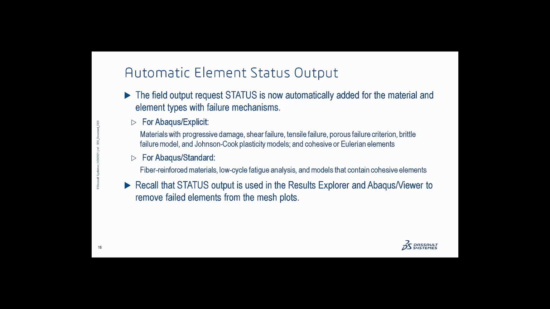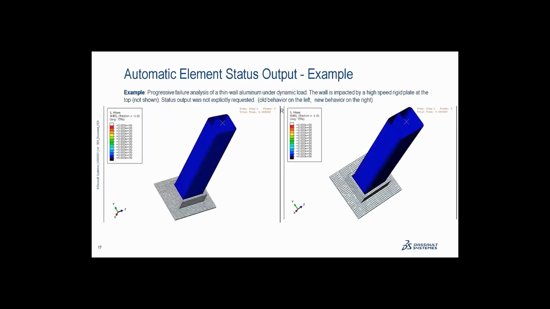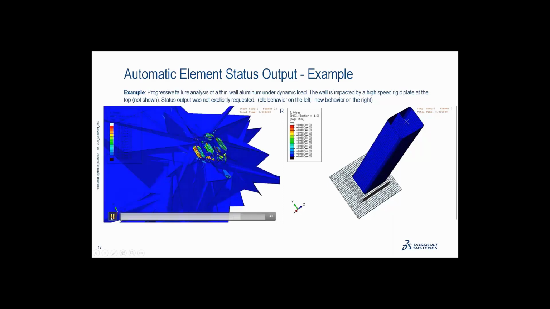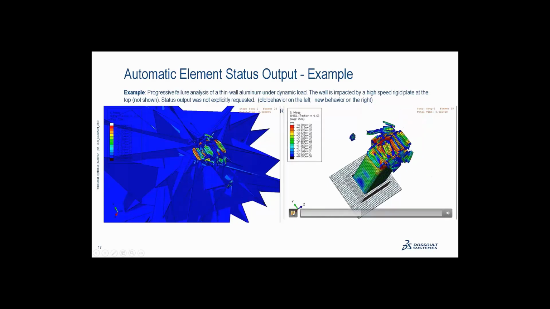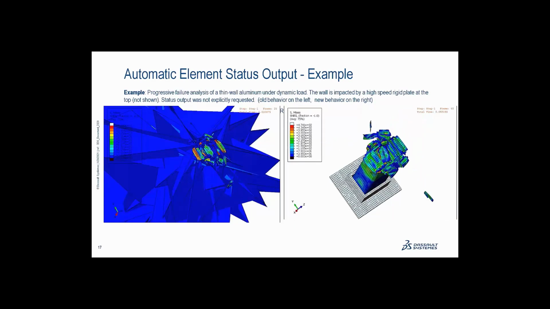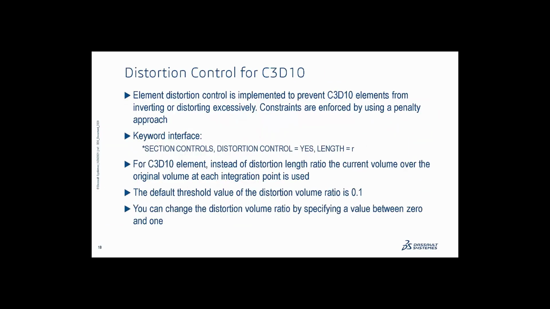This was not activated by default, so if users forgot to turn on status for their simulations that had element failure, you would get a plot like this and wonder what is going on and be a little upset because you don't have the output you need to get the right plot. Whereas today, now it's selected by default. You don't have to remember to turn it on, and you're going to get an animation that looks exactly like what you expected.